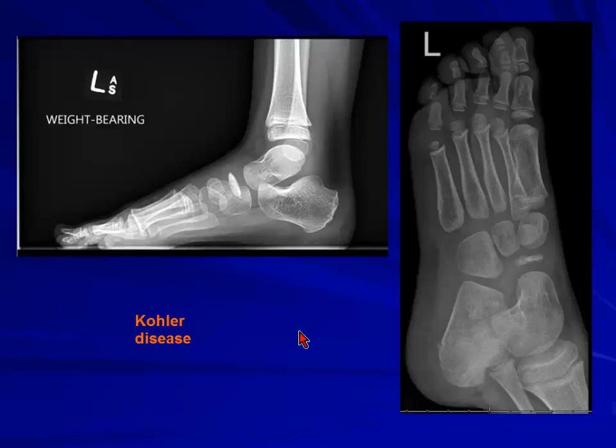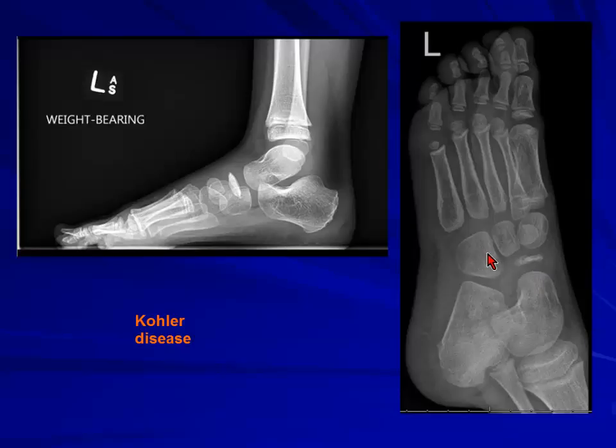So again, I've written this, but what was the abnormality? Can anybody tell me? Yes. So you've got this talus. I told you it should be flat. It's completely flat. And look at the texture.